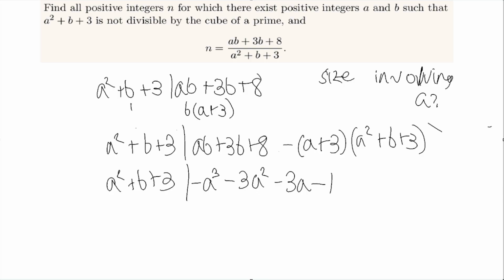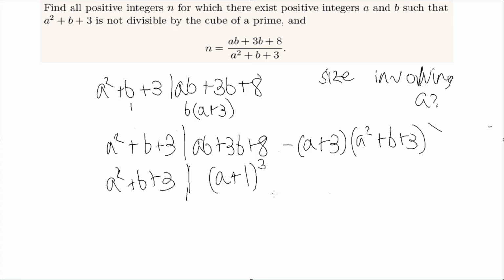And now we have that this side here is entirely in terms of a. But wait, this is just a very familiar expression. It is just negative a plus 1 cubed. And we can just get rid of this minus sign over here. So therefore, we know that this quantity here divides a plus 1 all cubed.